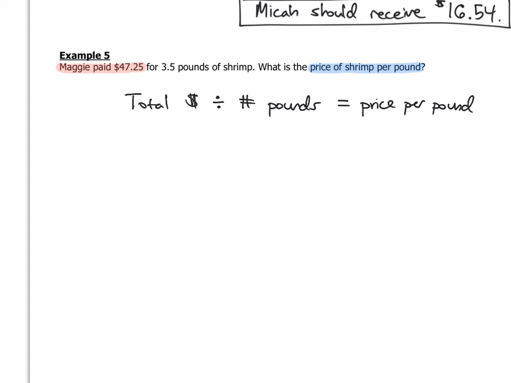So the total amount that Maggie paid was $47.25, and then we're going to divide that by the number of pounds that she bought, and she bought 3.5 pounds of shrimp. So this is going to be the division problem, 47.25 divided by 3.5. So I'll set up a long division house for this problem.